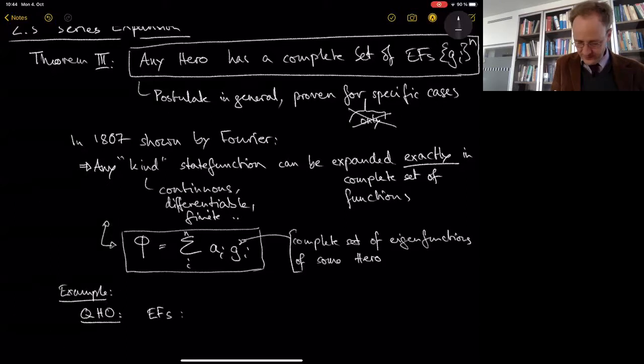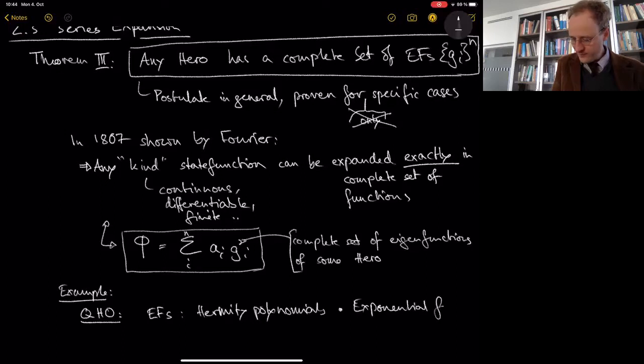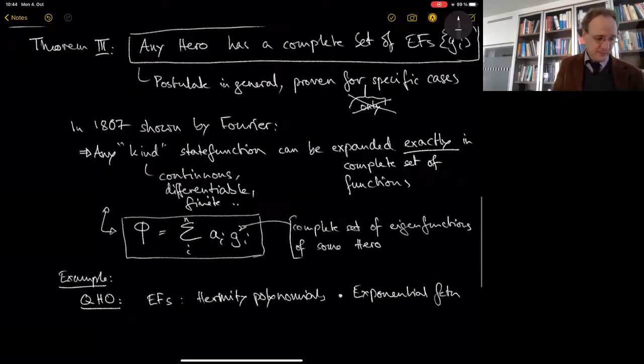These are Hermite polynomials multiplied with some exponential function.